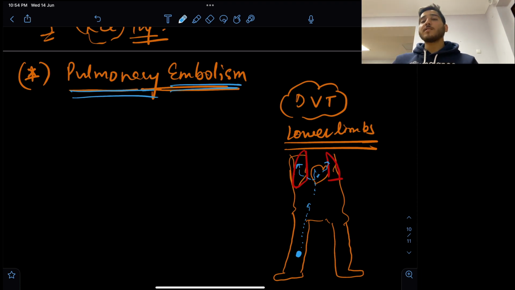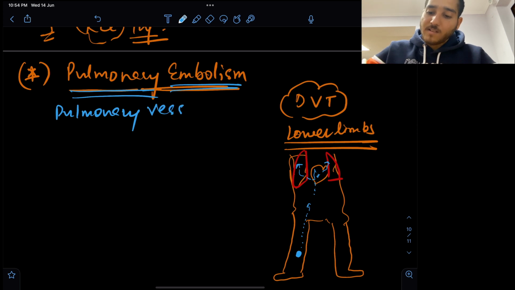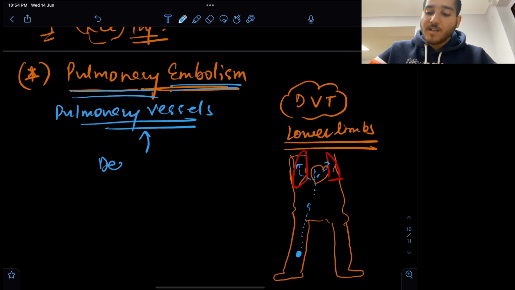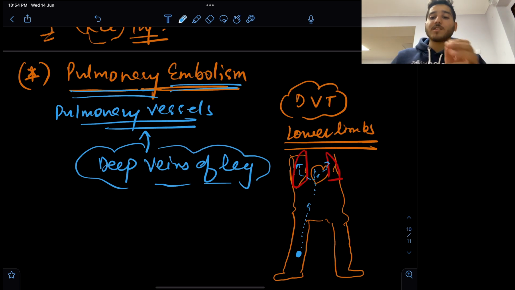Pulmonary embolism means any embolism which has come to the pulmonary vessels, and this usually comes from the deep veins of the leg. For a question on pulmonary embolism, they'll give you a history of deep venous thrombosis.